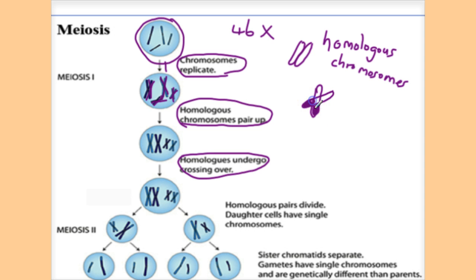What happens is the genetic information is shared, and this leads to diversity, and this answers many questions as to why our brothers and sisters look very different from us, because of this process called crossing over. After the chromosomes cross over, a second set of division happens, and here we will have 23 and 23 pairs of chromosomes.